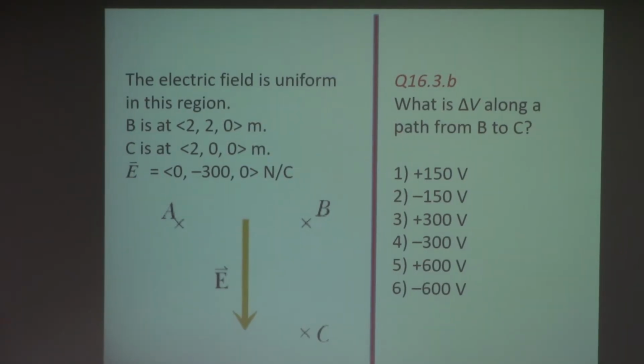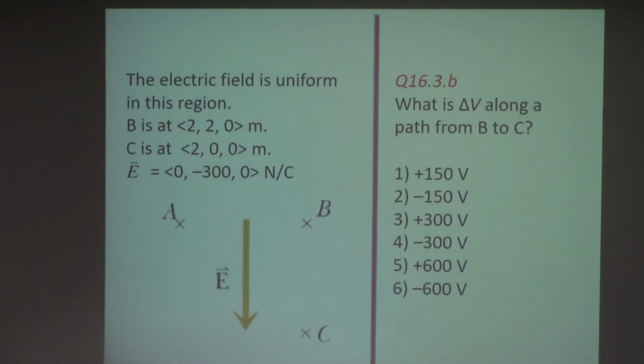This is related to the change in potential energy you'd get if a particle moved along the path we specify. So the first question is, what is the change in electric potential along a path from B to C?